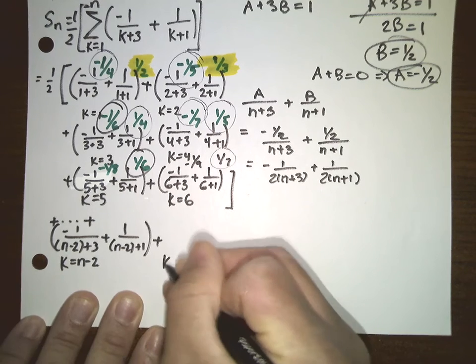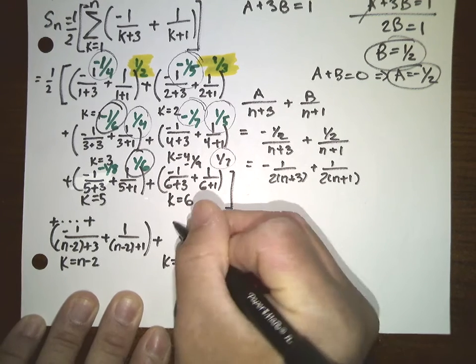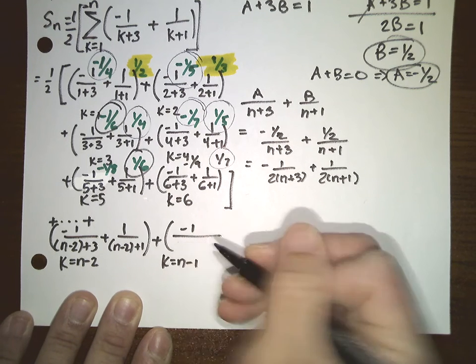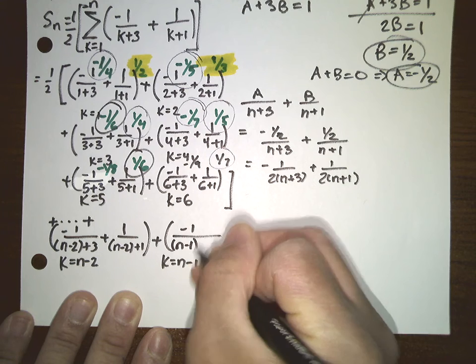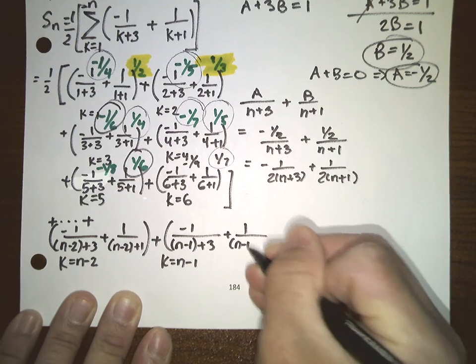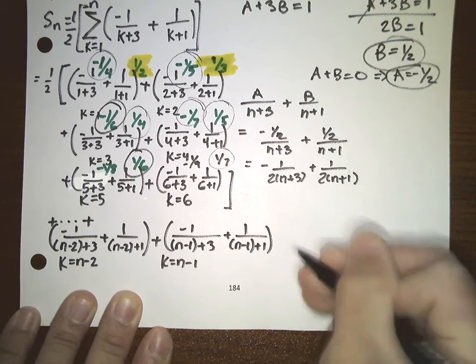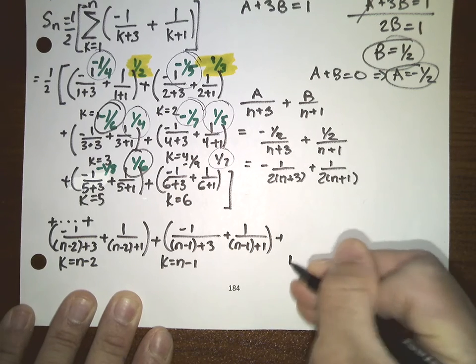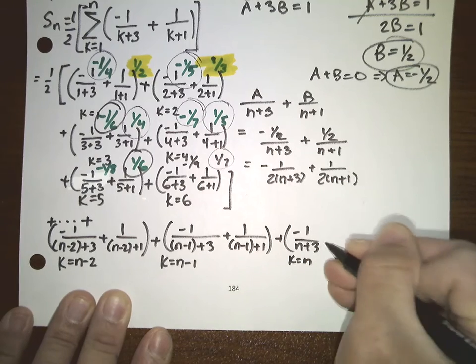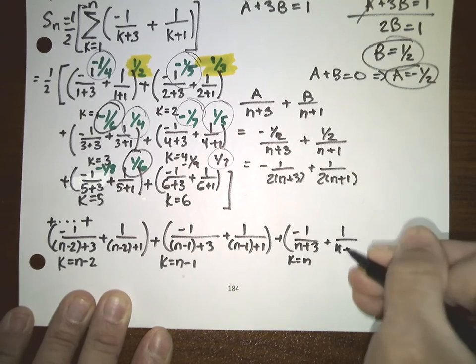Then if k is n minus 1, then I have -1 over n minus 1 plus 3 plus 1 over n minus 1 plus 1. And then if k is equal to n, I have -1 over n plus 3 plus 1 over n plus 1.